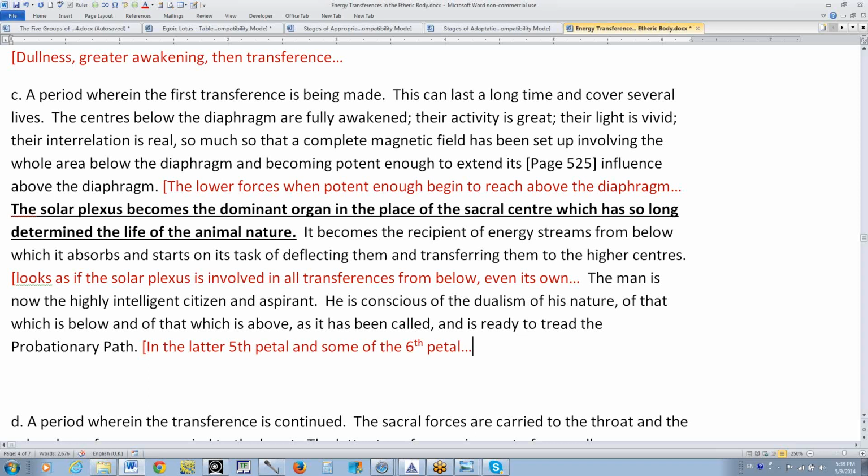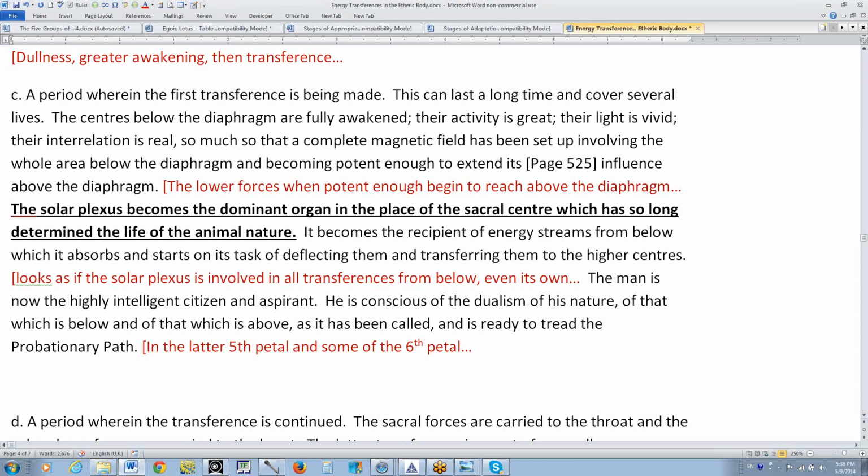The man is now the highly intelligent citizen. So it reminds us very much of the sixth group of souls, where the person is becoming the real thinker. And just beyond that, in the seventh group, the true aspirant and those on the probationary path will be appearing.